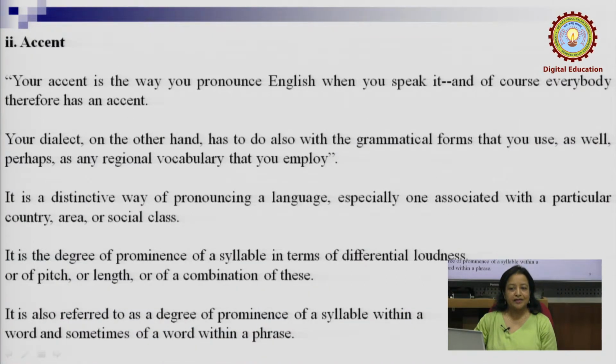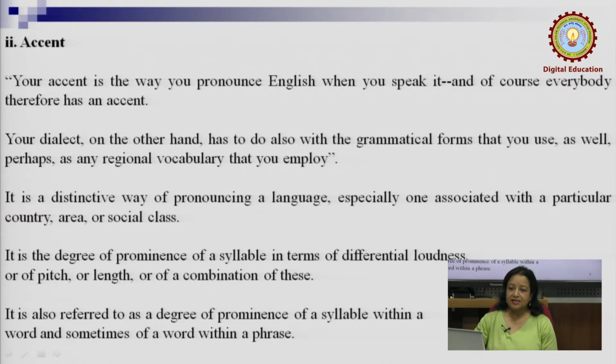The next one is accent. Your accent is the way you pronounce English when you speak it, and of course, everybody therefore has an accent. Your dialect, on the other hand, has to do also with the grammatical forms that you use as well, perhaps any regional vocabulary that you employ.